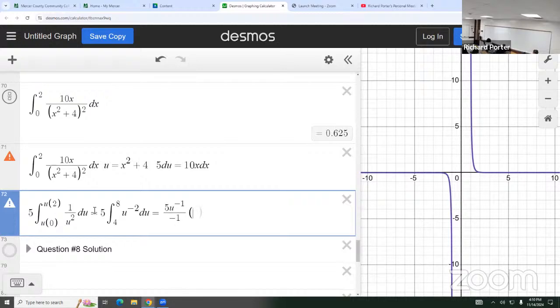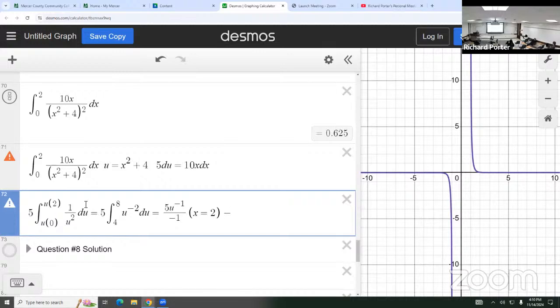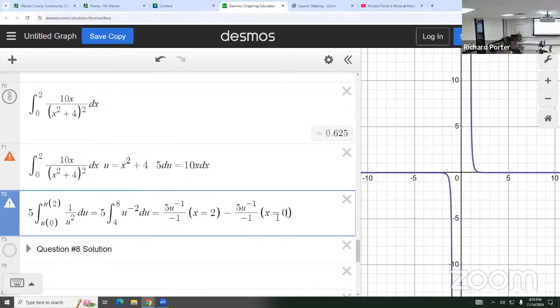Okay. And you have to do it at the top one, which is 2. And then you have to subtract the bottom one. That's not good. Oh, it's not 2 and 0. What did I do wrong? I changed it.